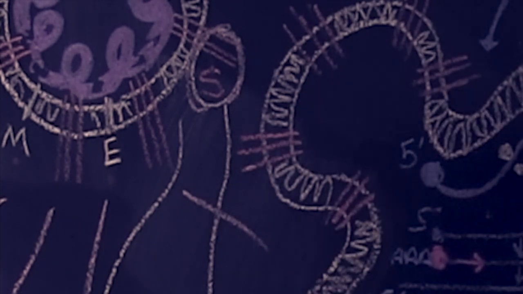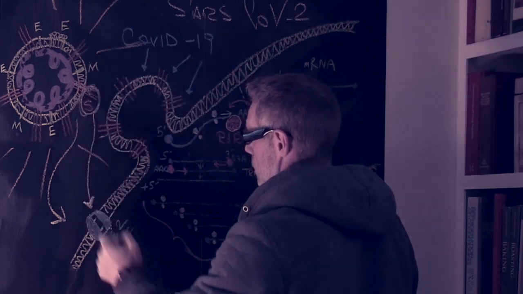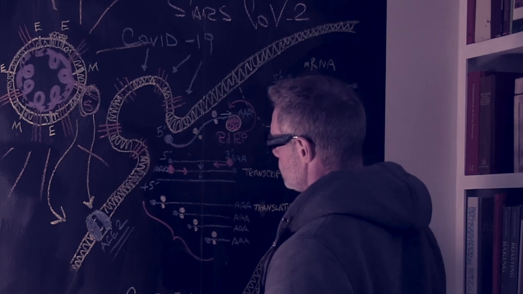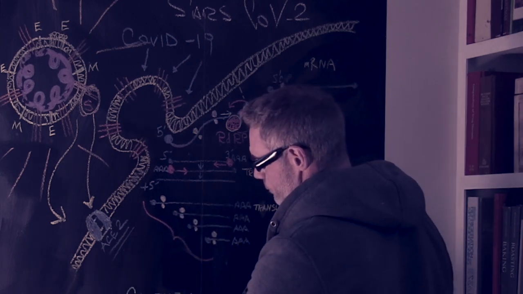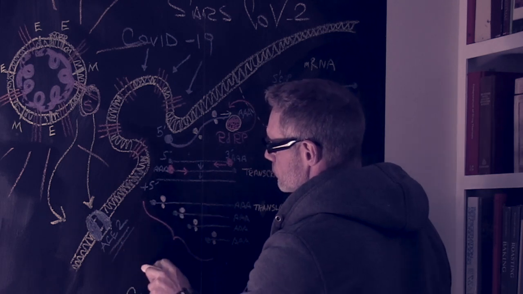And the receptor for this is on the surface of the cell, specifically cells that are found in the lung, the type 2 pneumocyte it's known as, and also in the GI tract. And this receptor is known as ACE2. That's really important for you to understand, ACE2.